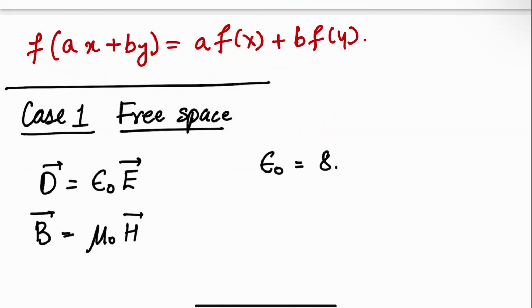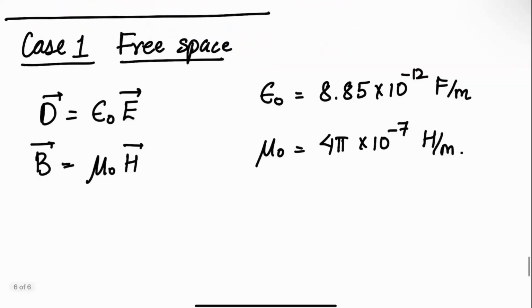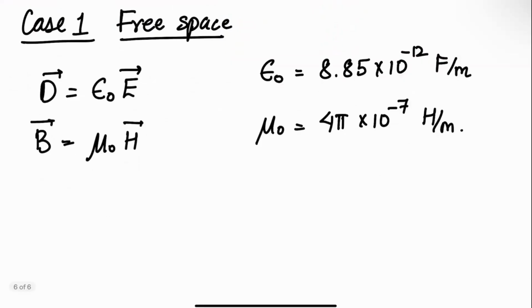Epsilon naught is called the permittivity of free space, which is about 8.85 times 10 to the minus 12 farad per meter. The mu naught is the permeability of free space, which is 4 pi times 10 to the minus 7. These quantities were derived empirically through experiments. So that's what they are in free space.